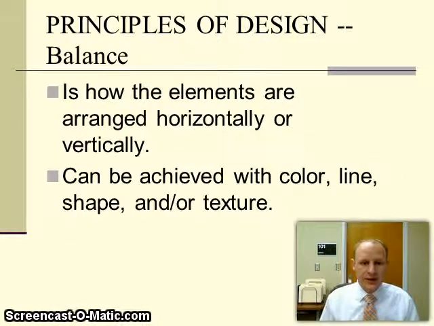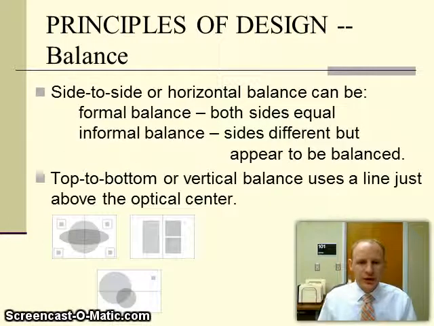The next thing to consider is whether it is balanced, and how the elements are arranged horizontally or vertically. Balance can be achieved through the different elements: color, line, shape, and or texture. When talking about balance, we can have different types. From side to side, we can have a formal or informal balance, or the same with the top and bottom.